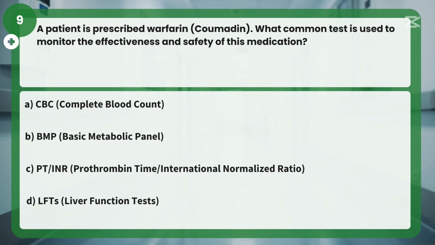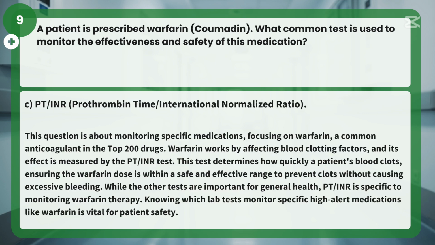Answer: C. PT/INR, prothrombin time/international normalized ratio. This question is about monitoring specific medications, focusing on warfarin, a common anticoagulant in the top 200 drugs. Warfarin works by affecting blood clotting factors, and its effect is measured by the PT/INR test.